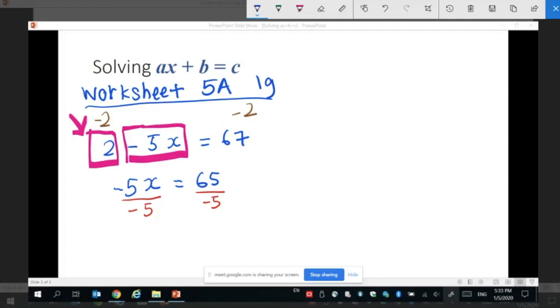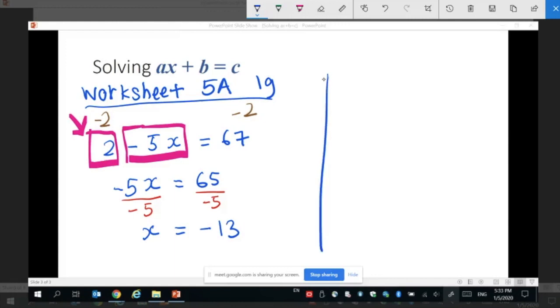So the coefficient of x is positive 1, which is the same as x. 65 divided by negative 5 is negative 13. So the answer to worksheet 5A, question 1G is x is equal to negative 13.